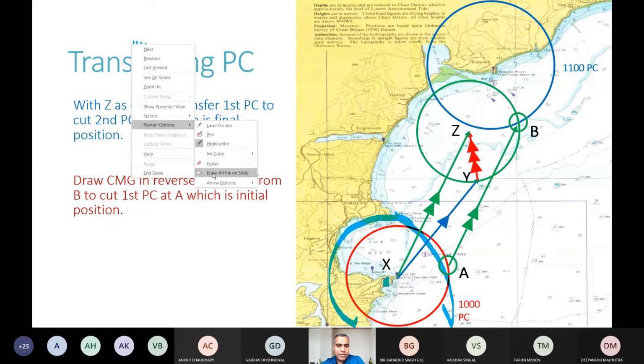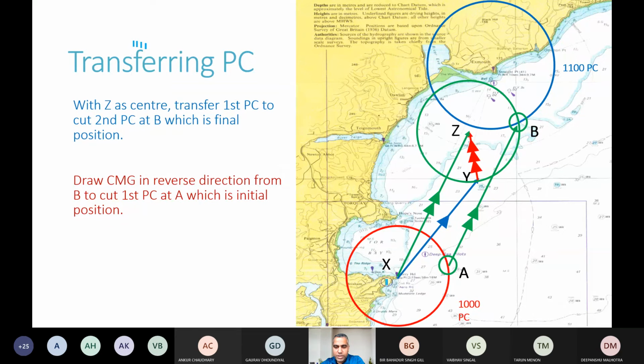Okay, let me erase it. So you take a circle centered at this, and it could be something like this. Okay, ऐसा कुछ हो सकता है. Now आप देखोगे दोनों के बीच में angle of cut यहाँ भी कम है. Okay, so in this case the accuracy will be less.